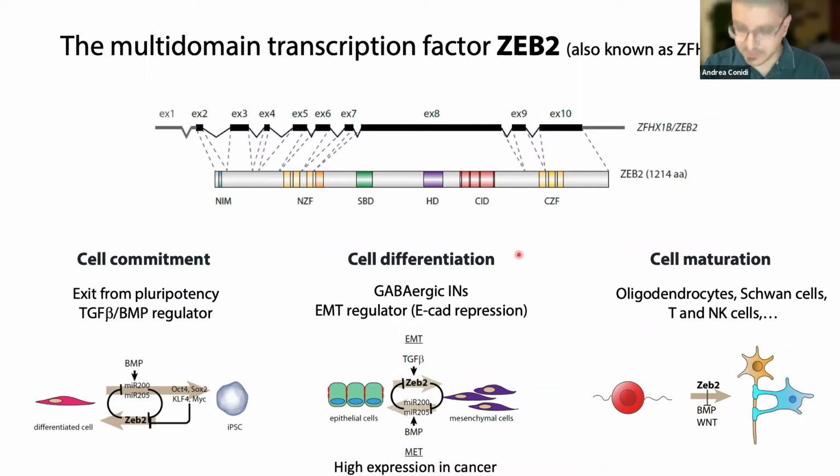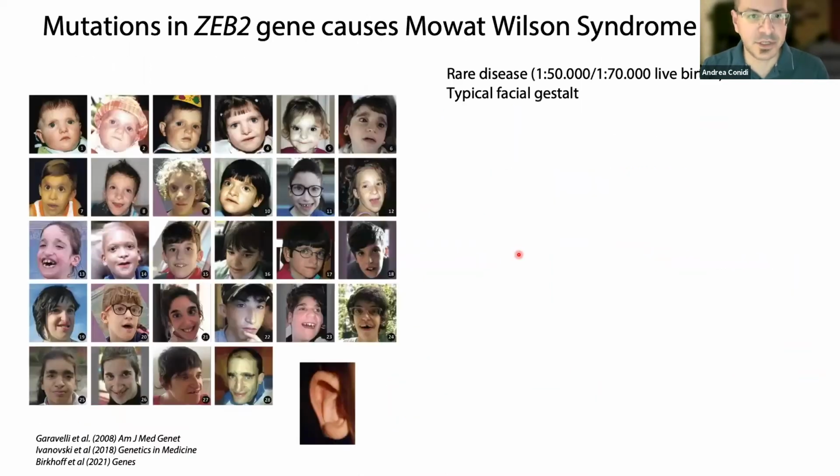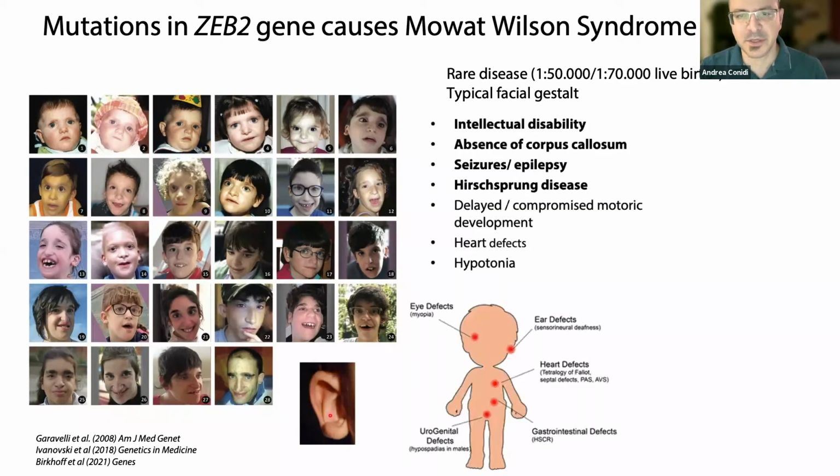As you know, mutations in the ZEB2 gene cause Mowat-Wilson syndrome, which is a rare disease with a typical facial gestalt, and the most distinctive trait is this uplifted earlobe, which is really a distinctive hallmark for clinicians to recognize Mowat-Wilson. Patients with Mowat-Wilson present intellectual disability.